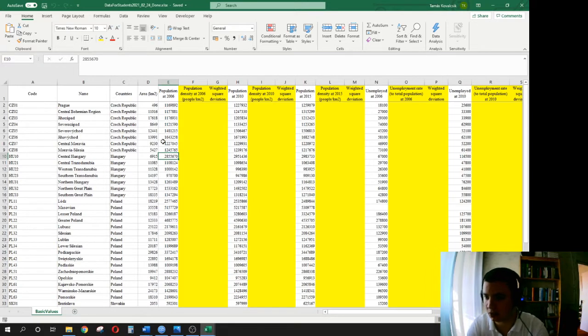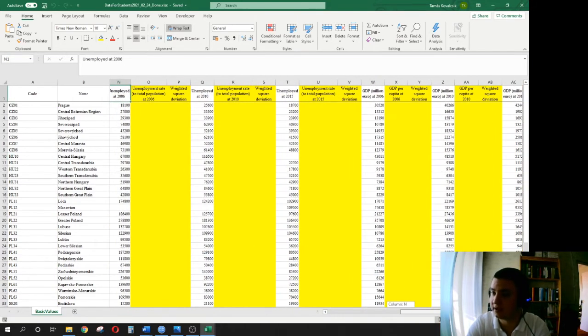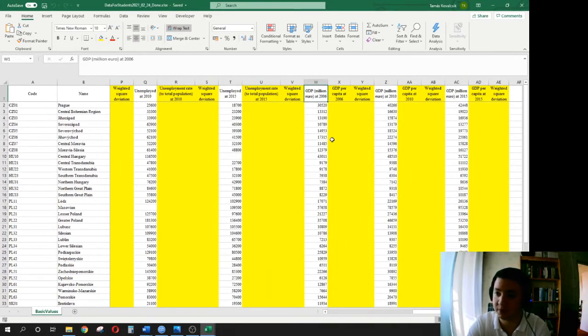There are almost 3 million people there. And also the unemployed people, and the GDP in this form, the million euro form, is an absolute indicator.